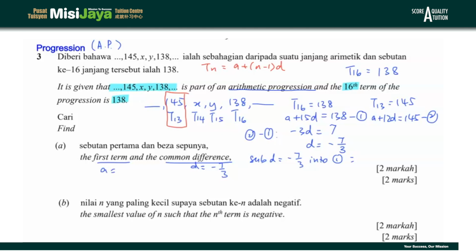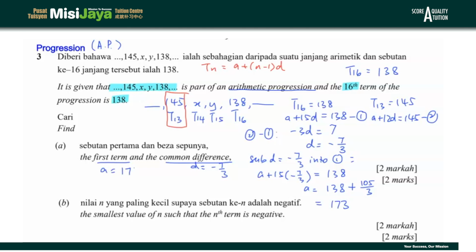So A plus 15 times negative 7 over 3 equals 138. So A will be 138, then this minus becomes plus, so 15 times 7 is 105. 105 over 3, 105 divided by 3 is 35. So 138 plus 35, I will get 173. So my A is 173.